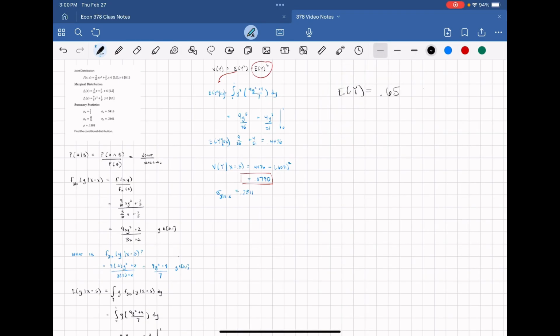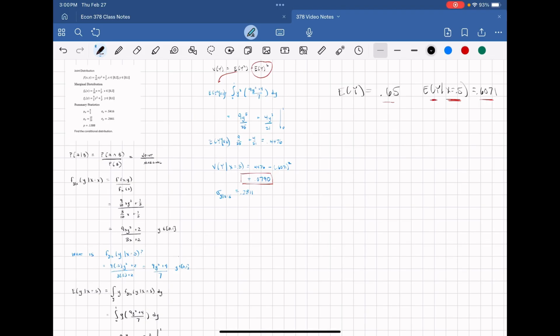However, the expected value of y conditioned on x equal to 0.5 is 0.6071. So knowing that x is equal to 0.5, we can update our expected value of y and get a different number than the unconditional expected value.